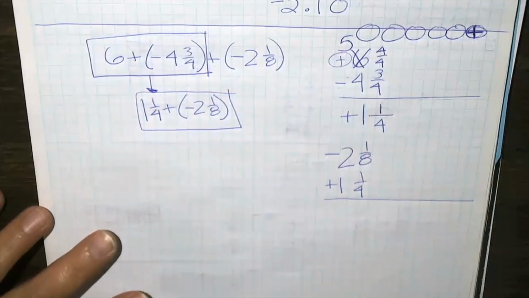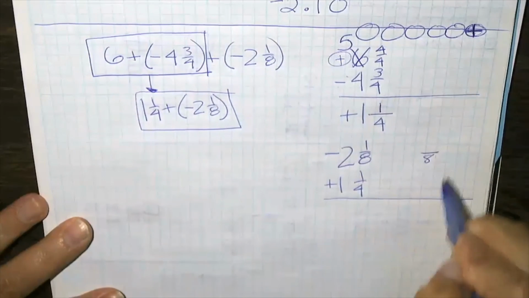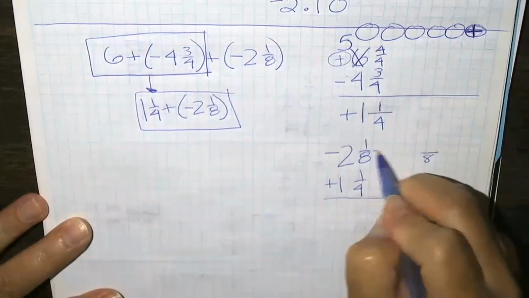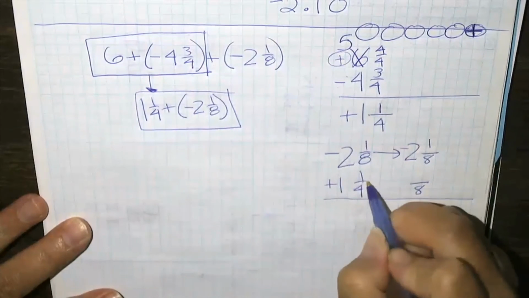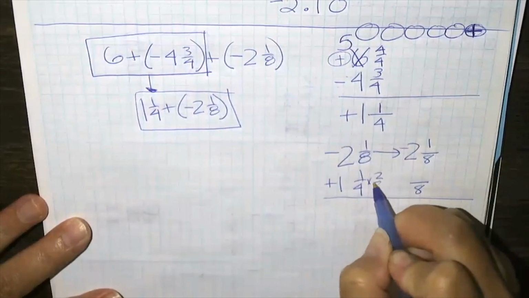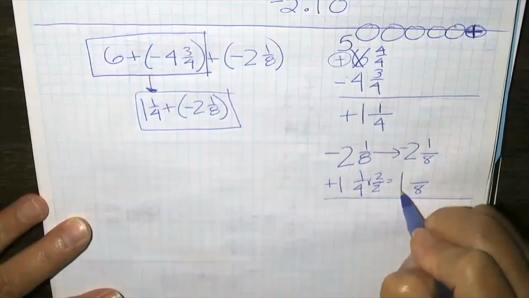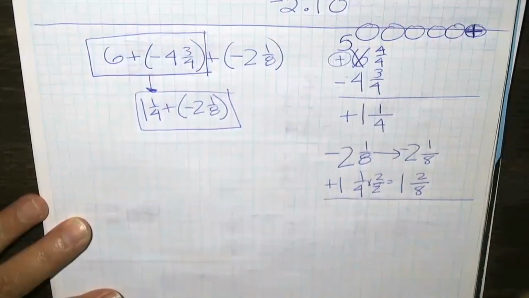I need to find a common denominator. What's a common denominator between 8 and 4? 8. So my common denominator is 8. I don't have to do anything to this problem. But here, I'm going to have to multiply it by 2 over 2. So I have 1. 1 times 2 is 2. 4 times 2 is 8.